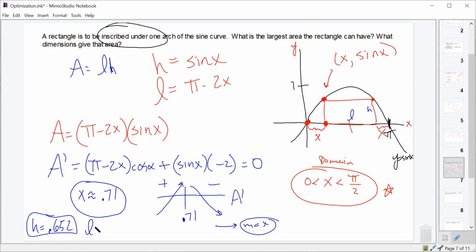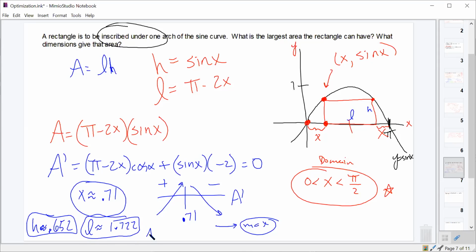What's our length? 1.722. And multiply those together.